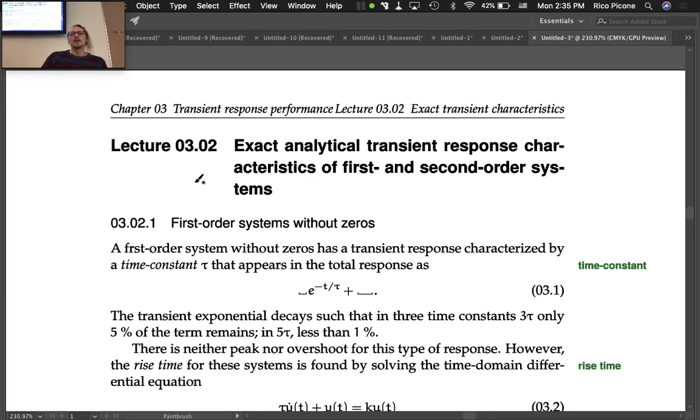So what we're going to do is just develop these exact analytical relationships between first and second order systems without zeros and the performance criteria, so rise time, settling time, etc. And then we're going to try to use those to approximate higher order systems or systems that are first and second order but have zeros in them as well.